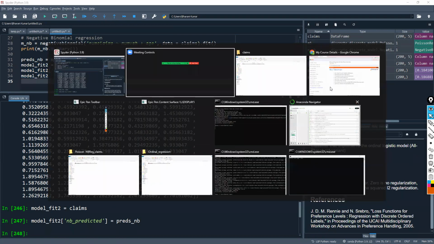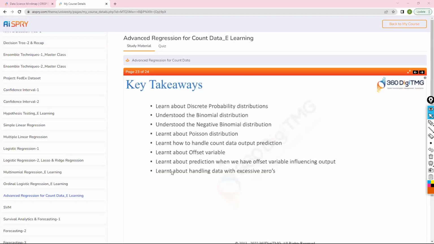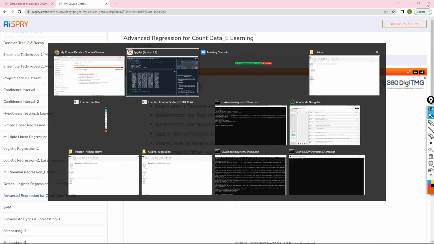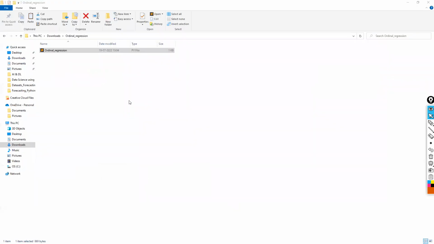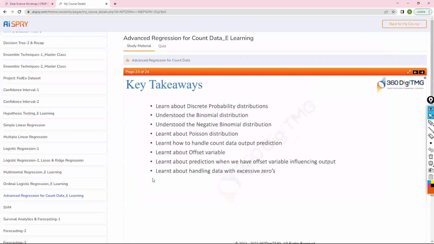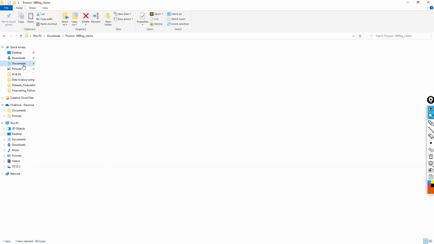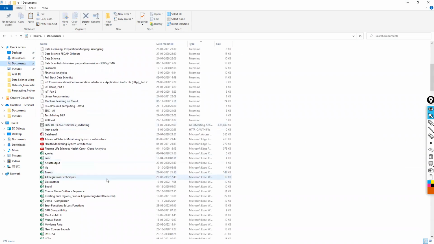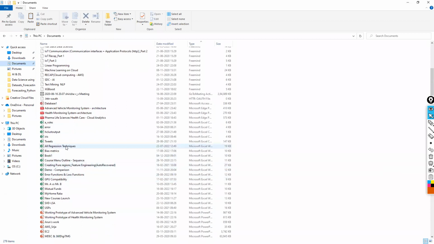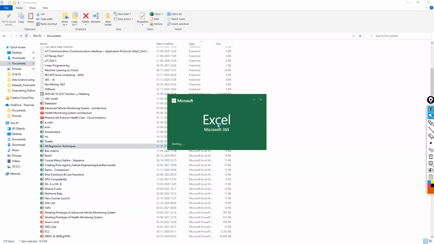So now let's quickly talk about other algorithms. For that, let me go to documents here. Let me open all regression techniques.